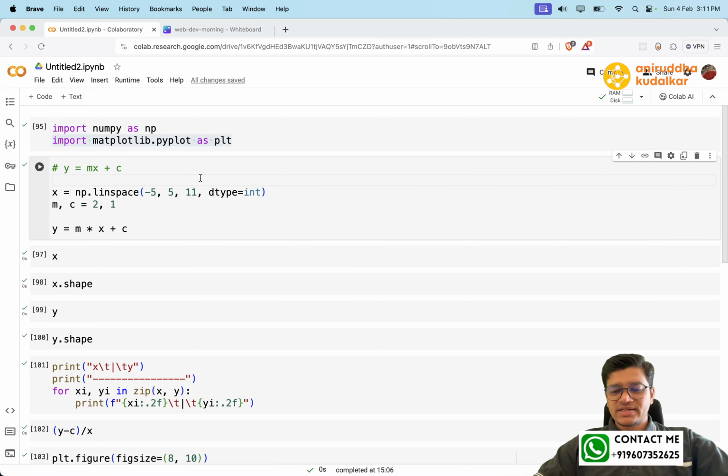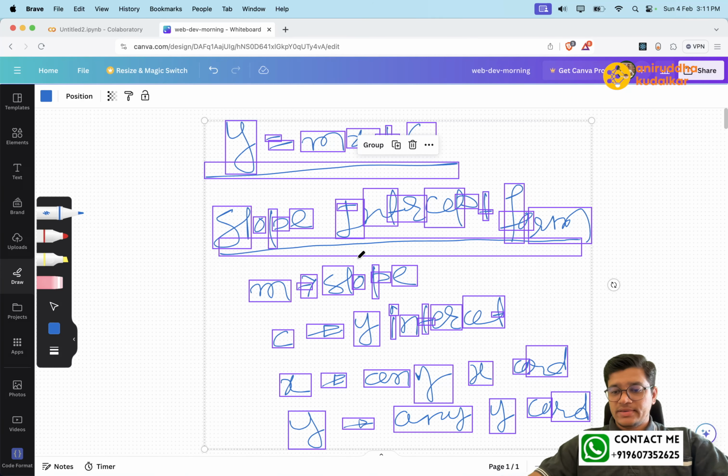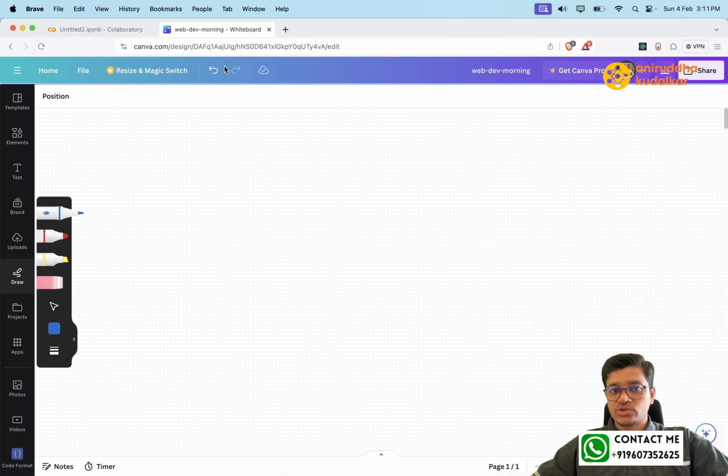Now let us consider the line y is equals to 2x plus 1. Let's go to the whiteboard, and here you can say y is equals to 2x plus 1.